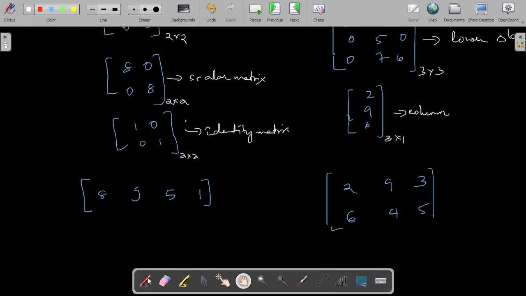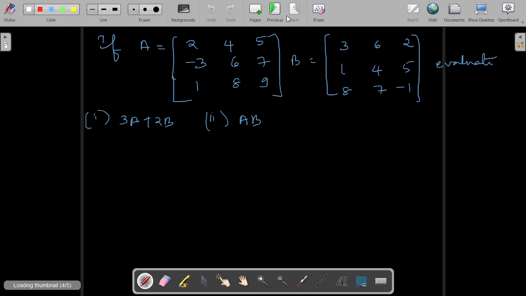And here it is a row matrix, 1 row and 4 columns. And this is a rectangular matrix because the number of rows is not equal to the number of columns, 2 rows and 3 columns. So the order is 2 by 3.